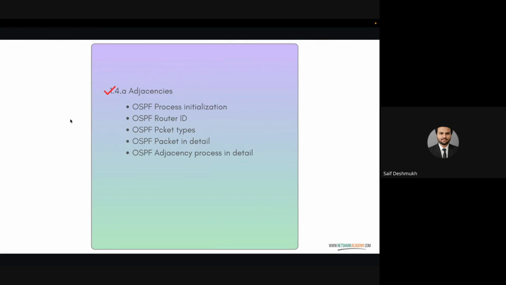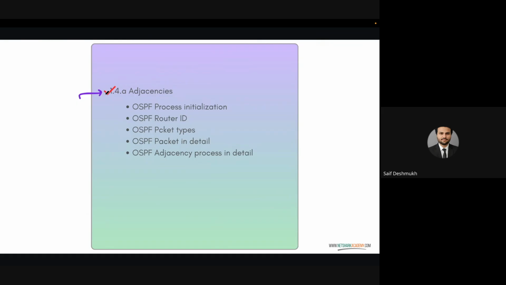We're going to get started. The very first objective was adjacencies. I've divided it into multiple sub-objectives. We're going to get started with how the OSPF process initializes, how the router ID is elected, the different types of packets, their structure, and the OSPF headers. We're going to talk about the hello packet in detail as far as adjacencies are concerned, and then how adjacencies happen in detail, like what the differences are.